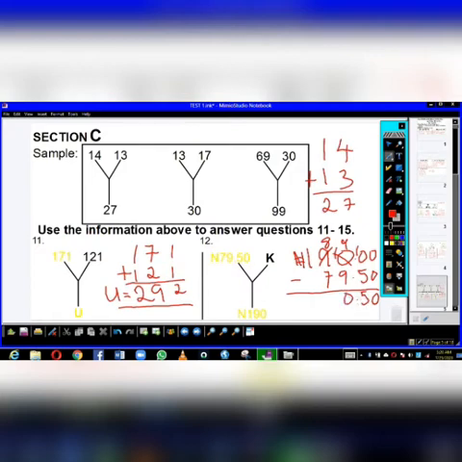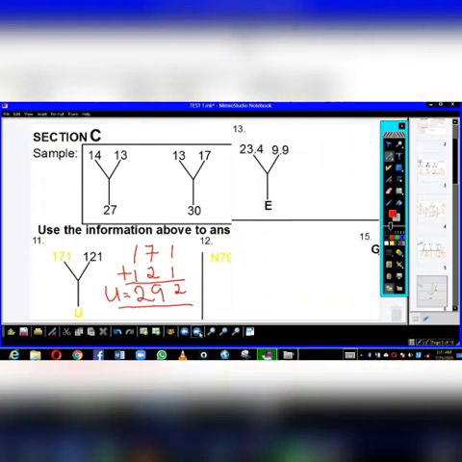Don't forget to place your decimal points. 8 minus 7 will give you 1. 1 minus nothing is 1. So the value of K is equals to 110 naira points 50 kobo.